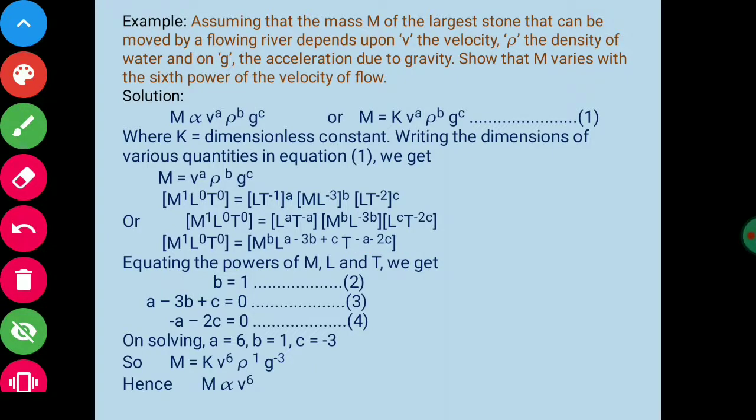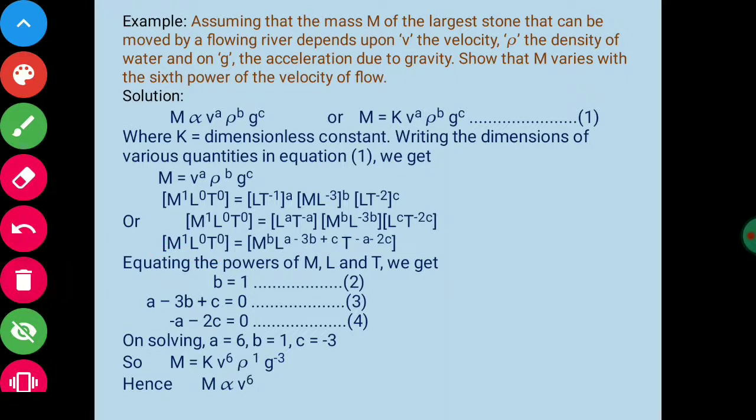Do you understand? Okay. Now equating the powers of mass, length and time we get, now compare the powers. Here power of M is 1, here power of M is b. So you can simply say that b equals 1. Now here the power of L is a minus 3b plus c, and here is 0.